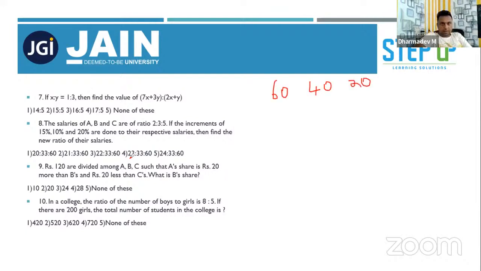Okay, so A's share equals 20 more than B, and 20 less than C. Okay, fine.